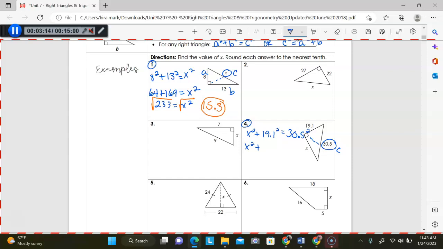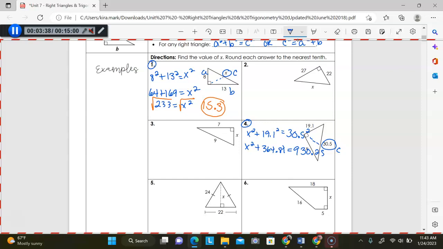Press the little x squared button or the square button. I get 364.81. Make sure you can find that in your calculator. Do the same thing for 30.5. I get 930.25. Really unfriendly numbers.